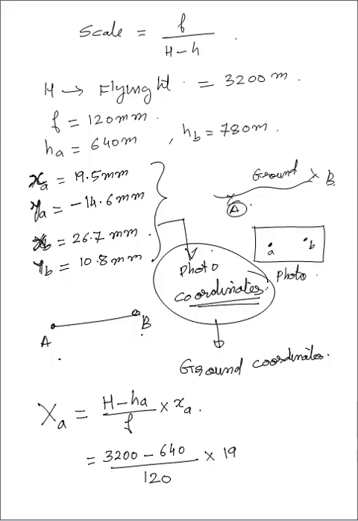This 19.5 is also in mm, and this 120 is also in mm. So don't convert. Directly mm will get cancelled, and we will get the value of xa equal to 416 meter.